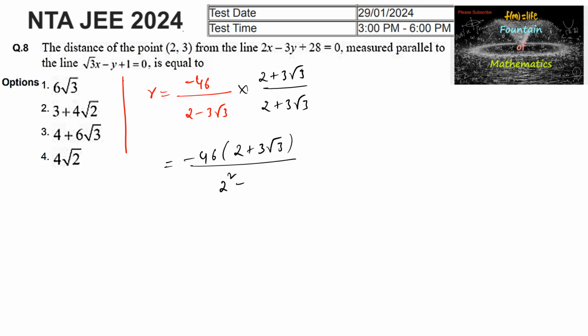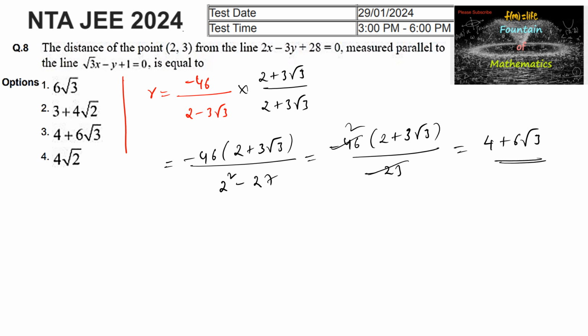So (3 root 3) whole square is 9 3s are 27. So we can write minus 46 times (2 plus 3 root 3) divided by 4 minus 27, which is minus 23. So minus 23 two times, we can write 4 plus 6 root 3. So 4 plus 6 root 3 is the option C.